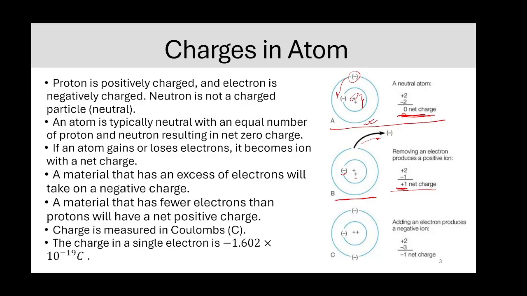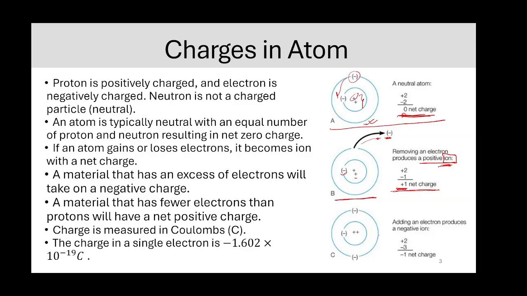So if this atom loses or gains any electrons, it will have a non-zero net charge, and we call an atom with a non-zero net charge an ion. If it loses an electron and becomes a positive net charge, we call it a positive ion.